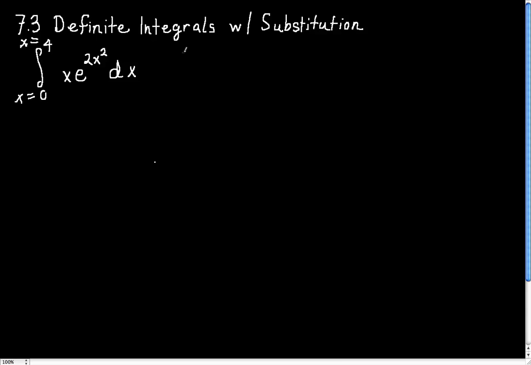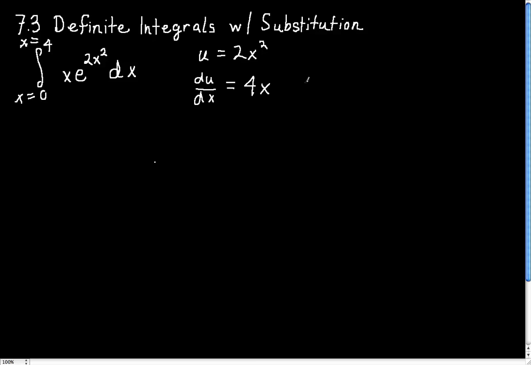So more explicitly, I identify the substitution that I want to make. I want to let u equal 2x squared. And then what happens? If I calculate du dx, then I get 2 times 2, which is 4, and then I reduce the power by 1, so I get 4x.